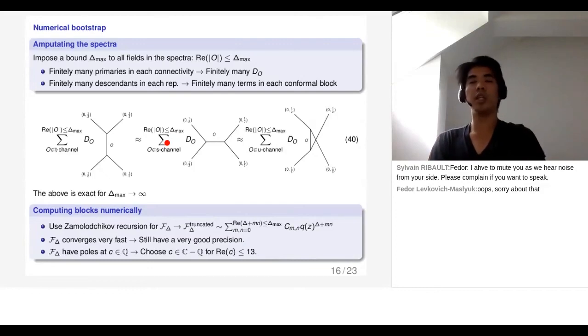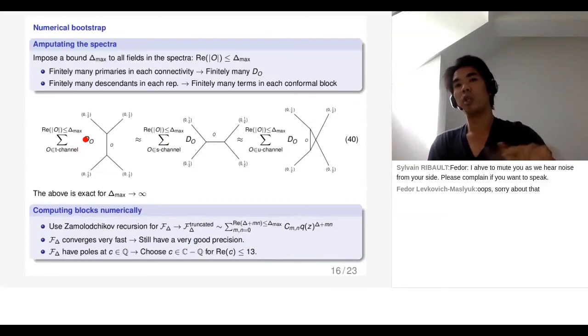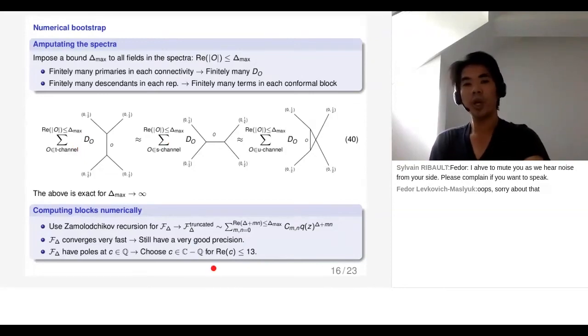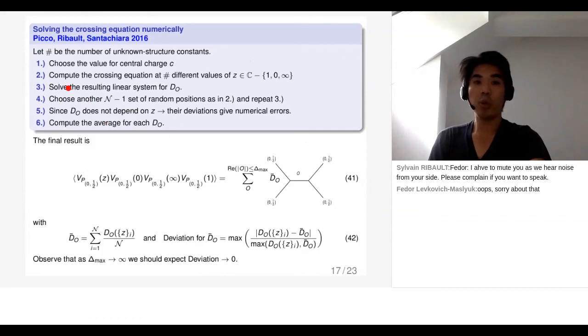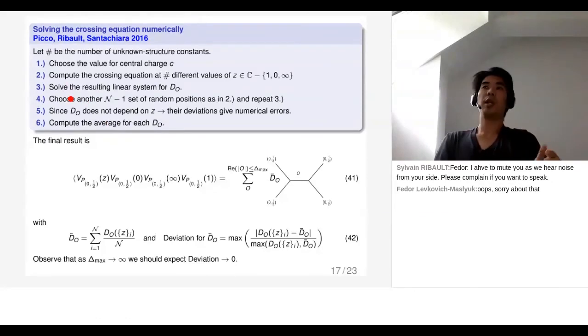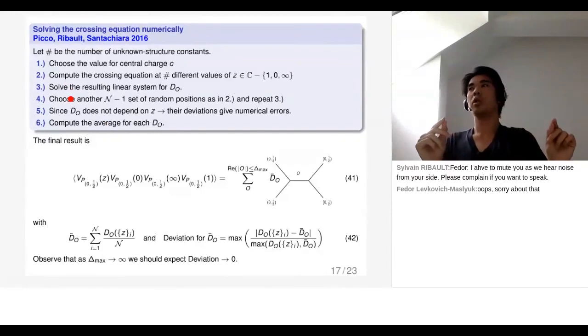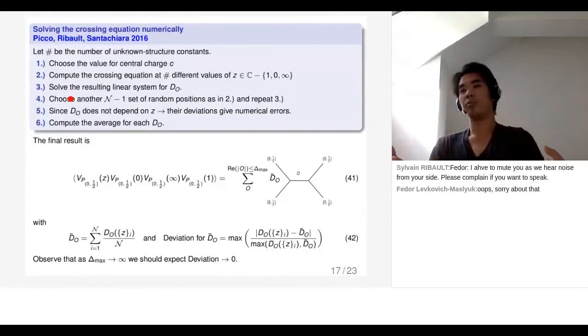Therefore, we obtain a linear system for these structure constants, from which we can solve for them. And then we compute the crossing equation again at the same central charge, of course, but at a different set of positions. So we obtain another set of structure constants in the end. And one can repeat this as many times as one wants.